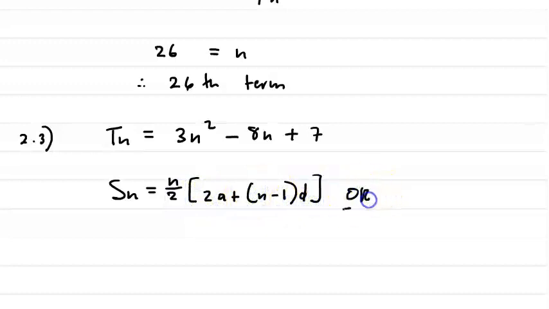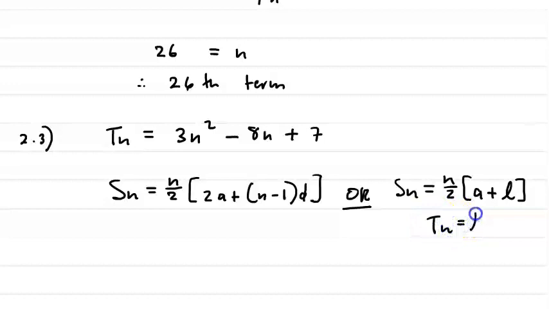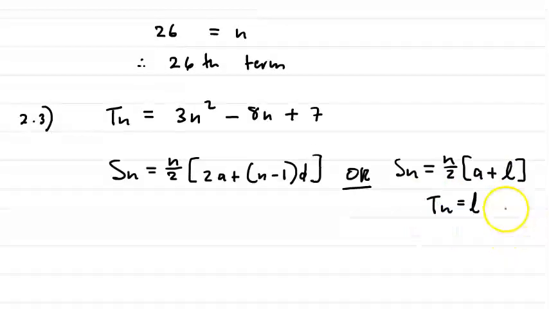Or if you are given the last term of the sequence, Sn equals n over 2 into a plus l, where l is your last term, your nth term.